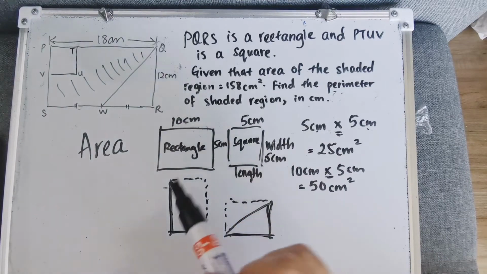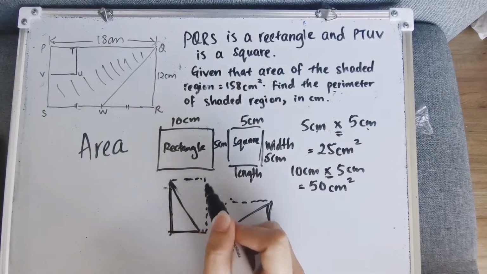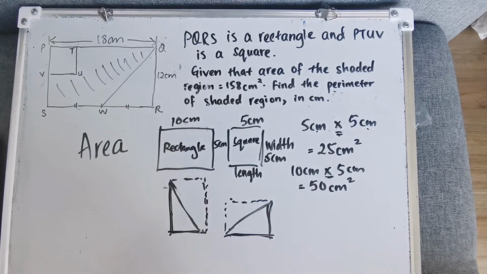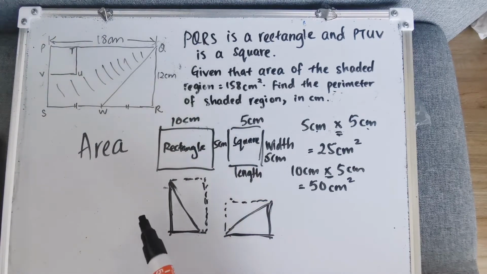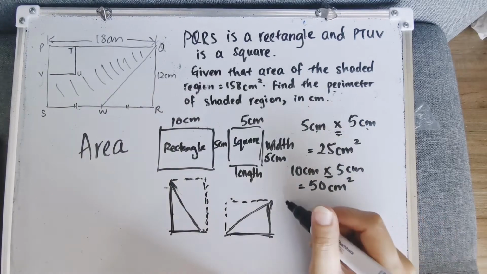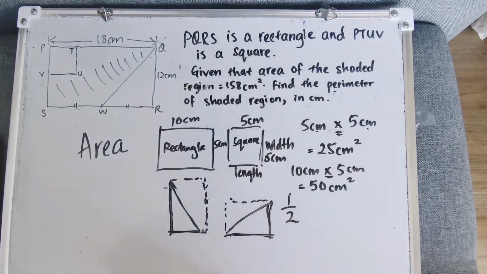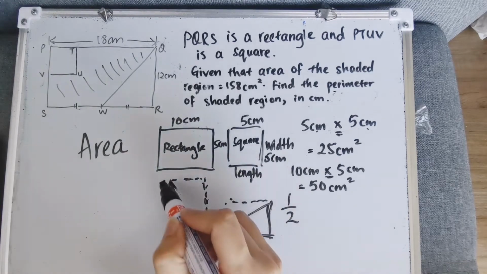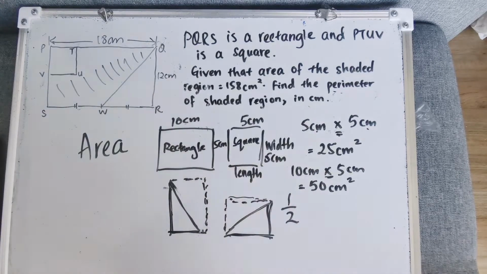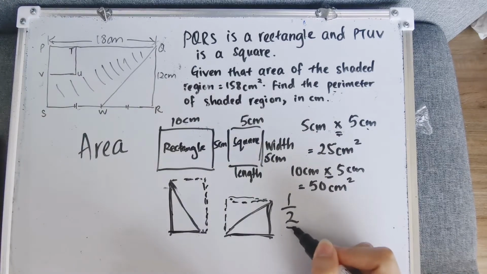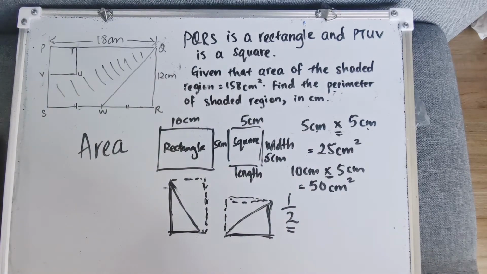If it's half, you have to use the formula half. I give you half of my chocolate bar, so half. Therefore, triangle is half of your square or rectangle, so you have to use 1/2.